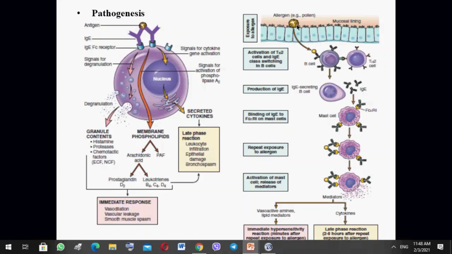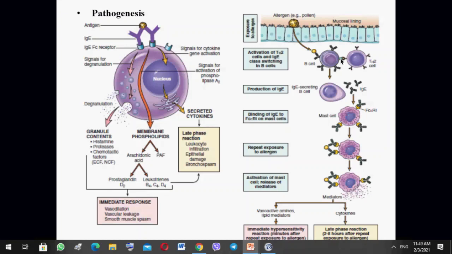This allergen usually doesn't cause any problem in normal people, but it causes a problem in people having a hypersensitivity reaction against it because of a defect or disorder in the immune system. Okay, because of an imbalance between the effector and the regulator cells of the immune system, we will have a reaction against them. So this type of antigen will cause problems only in individuals who are predisposed to type 1 hypersensitivity reaction.